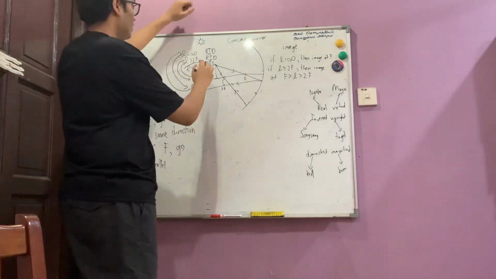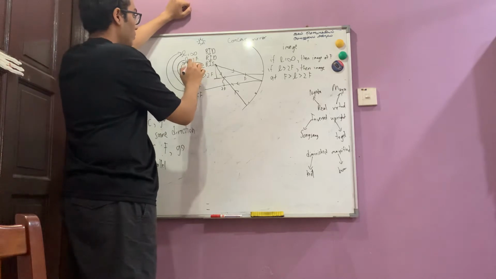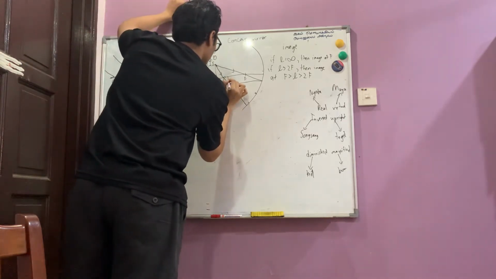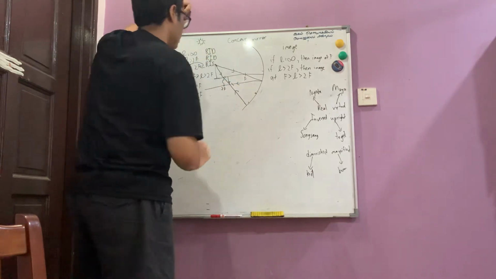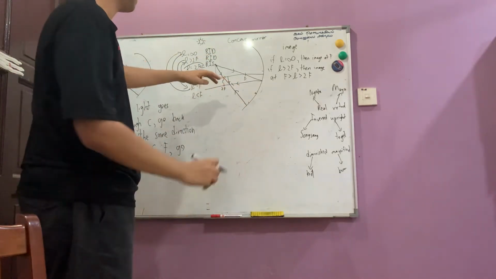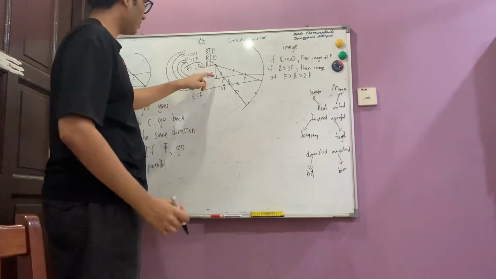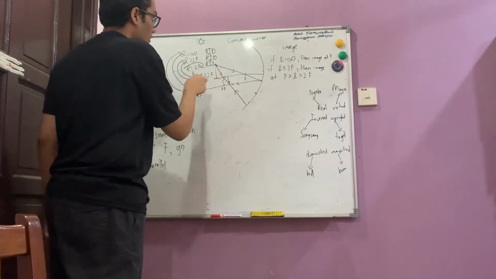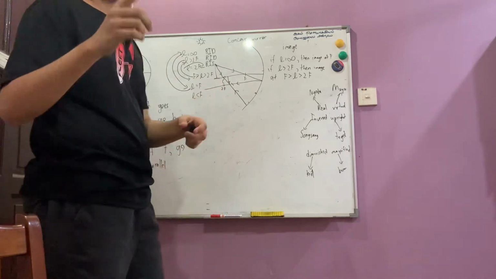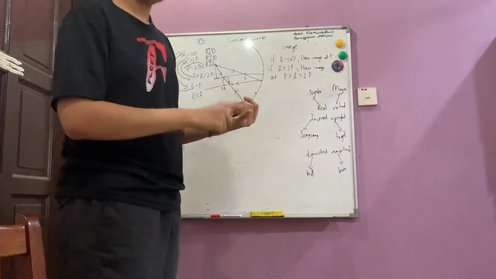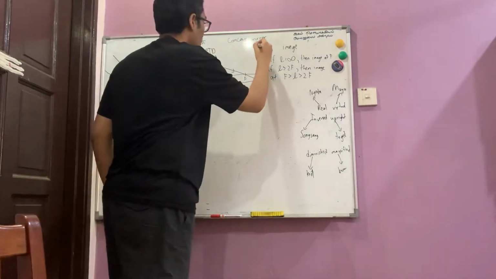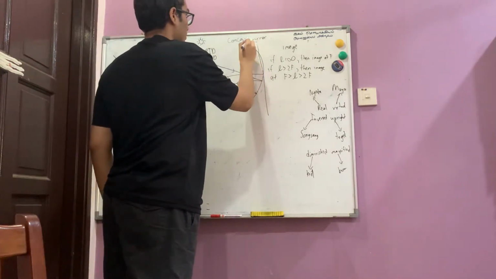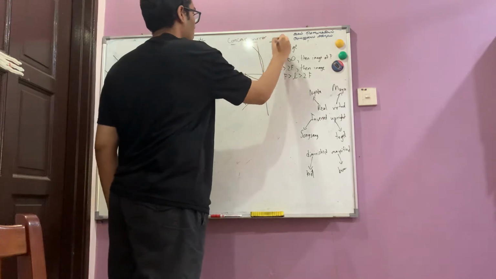You can see here why an object at more than 2F gives real, inverse, diminished, because it's over here. This one is songsang, this one is tegak, this one is big, this one is small. I draw one line here. This is the axis, this is negative, this is positive.